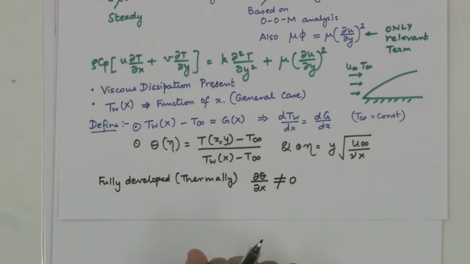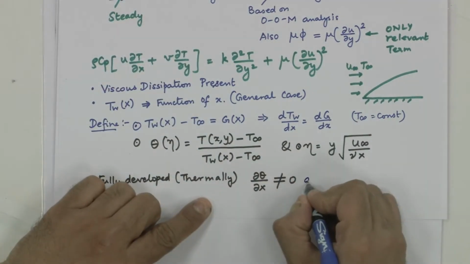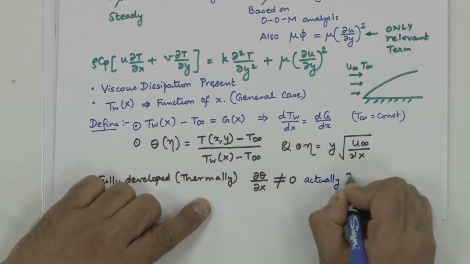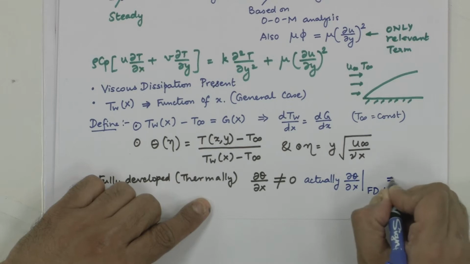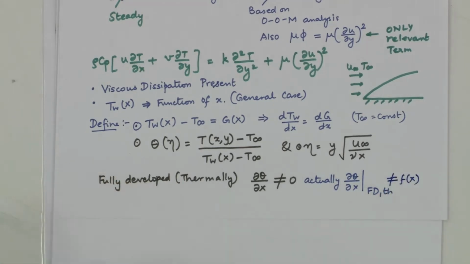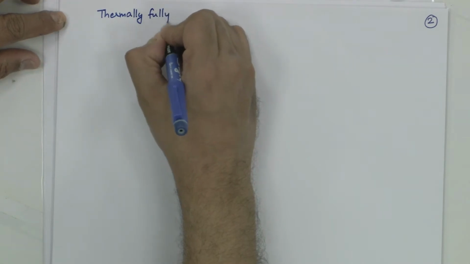Unlike the hydrodynamics part where du/dx was equal to 0, here we are going to say that thermally fully developed means d theta by dx is not a function of x. This is what has been proved to us earlier. So we will keep this in mind and let us consider the fully developed case, thermally fully developed.